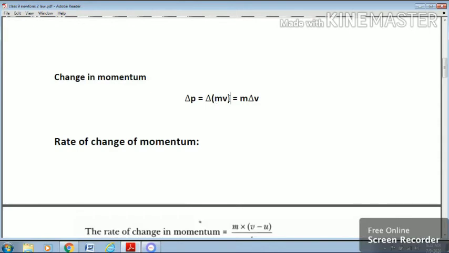Sometimes mass is constant, so we have always change in velocity, and in few cases where velocity is constant, in case of atomic particles moving with velocity comparable to the velocity of light, mass is variable, then we write del mv. Del means a small change in the momentum.